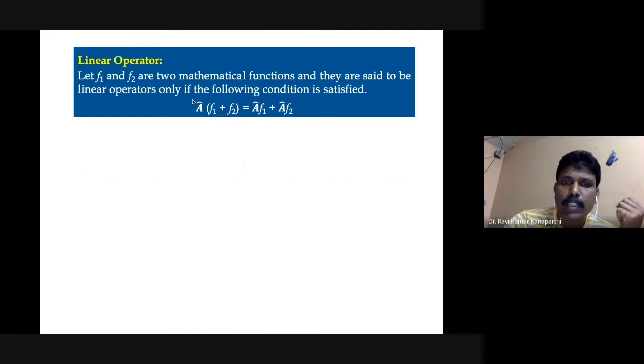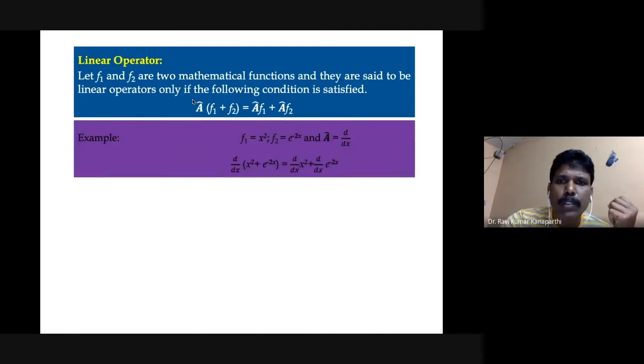So this is very simple, that you can work out with the example we have seen just now. The first example is that the first function f1 is x square, the f2 is e to the power x square. And let us consider the operator d by dx. So I'm taking two functions, and I'm considering d by dx as an operator.